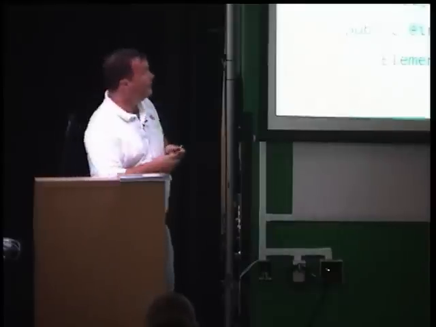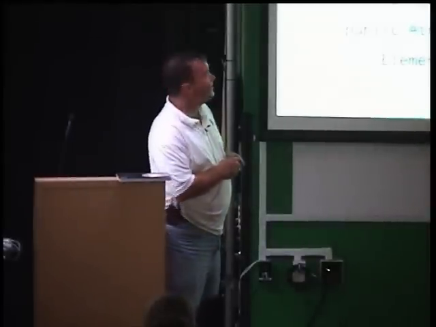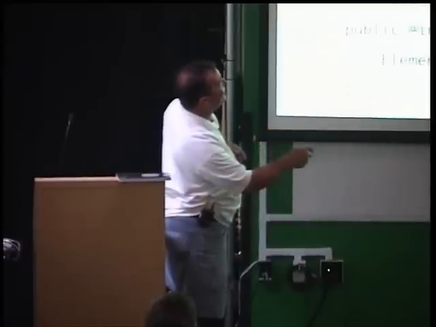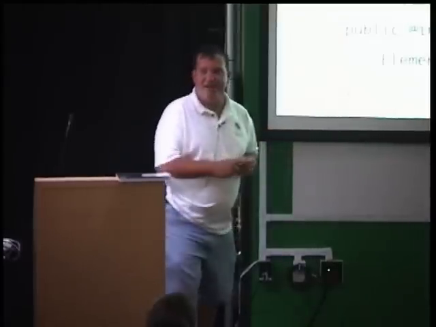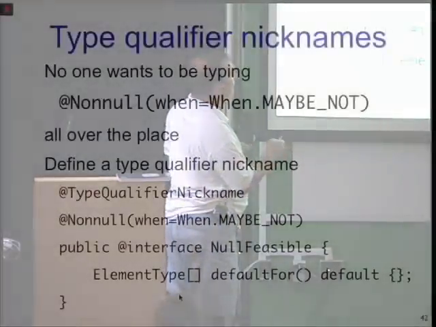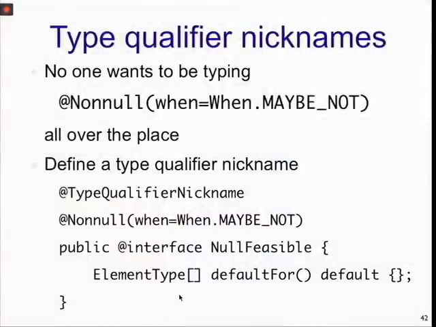OK. So type qualifier nicknames. A question that's been raised before: nobody wants to be typing at non-null when equals when dot maybe not all over the place. So my proposal is that you can define your own interface, whatever name you want, and you put an annotation on it saying it's a type qualifier nickname. Right?